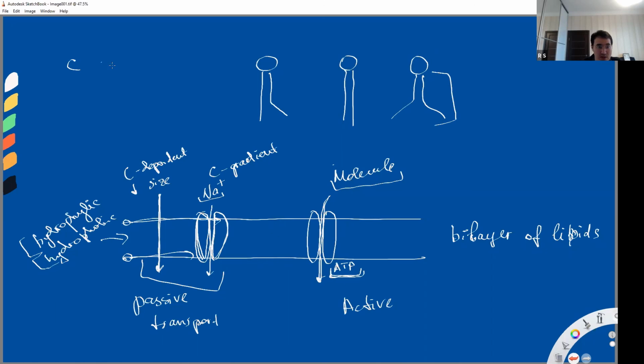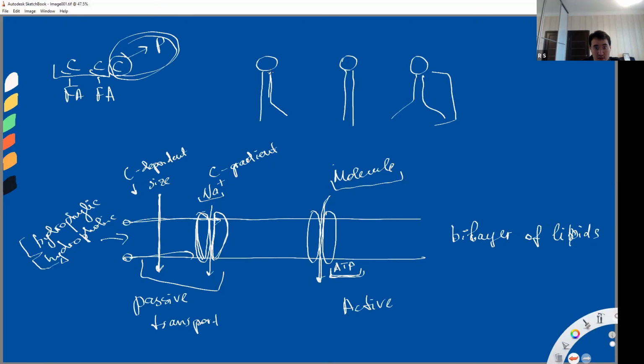In glycerol, one of the carbons is occupied by a phosphate group, and this is what is important. Two carbons are occupied by fatty acids, and one is occupied with phosphate. That is what is really important.